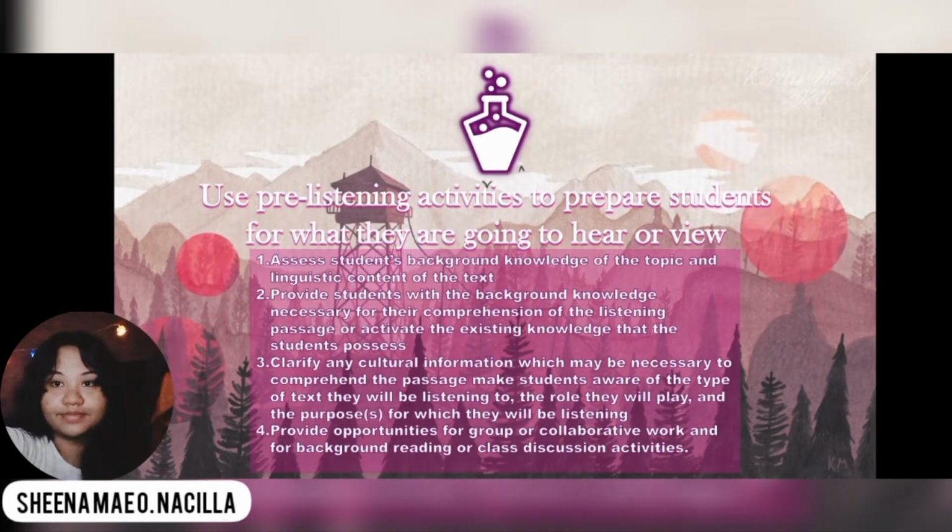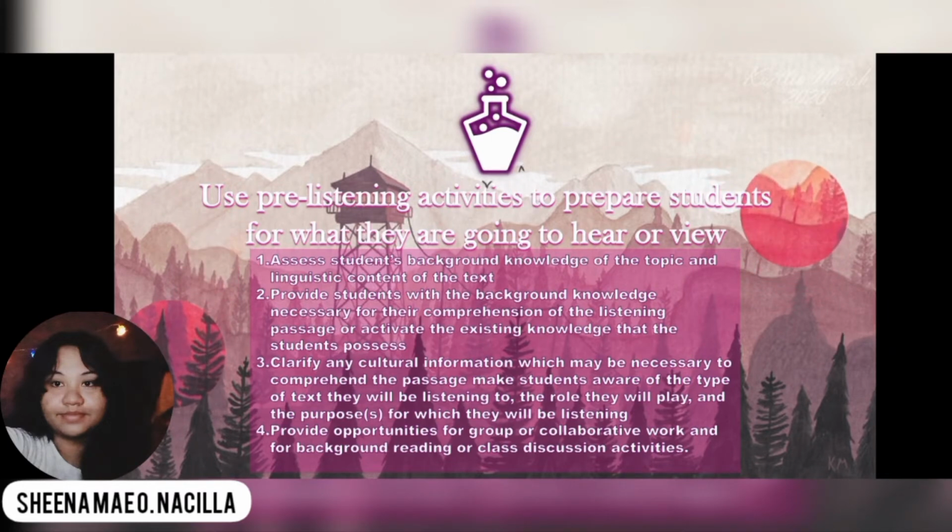All of these uses of pre-listening activities could help the students encourage and motivate themselves on what they are going to listen to or view in the listening activities.